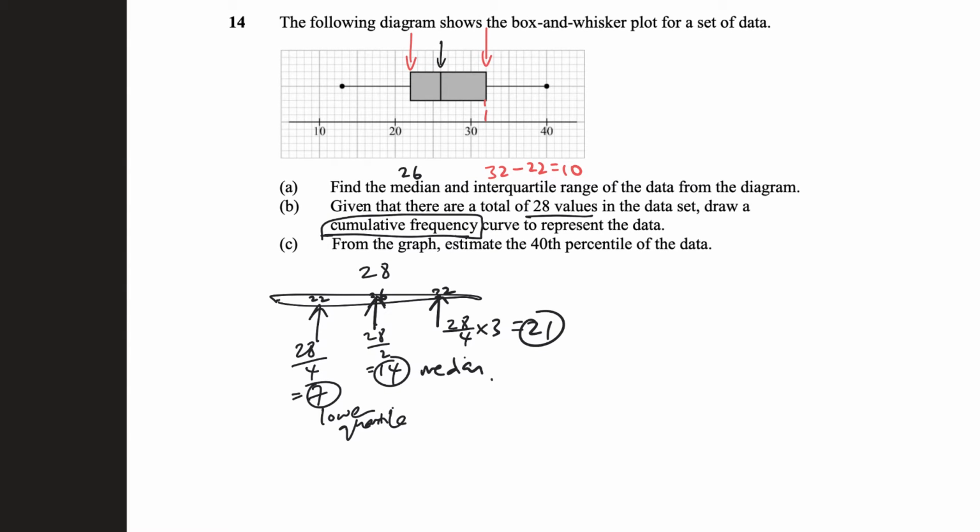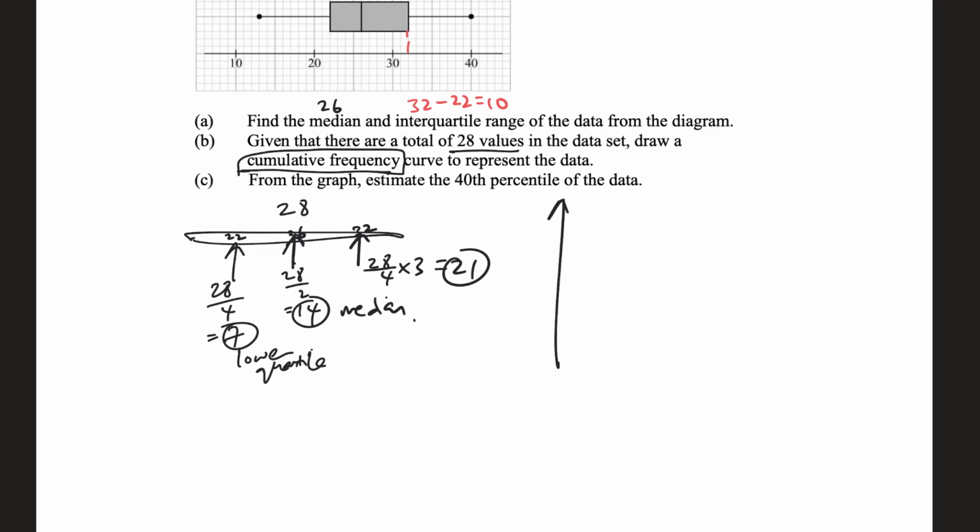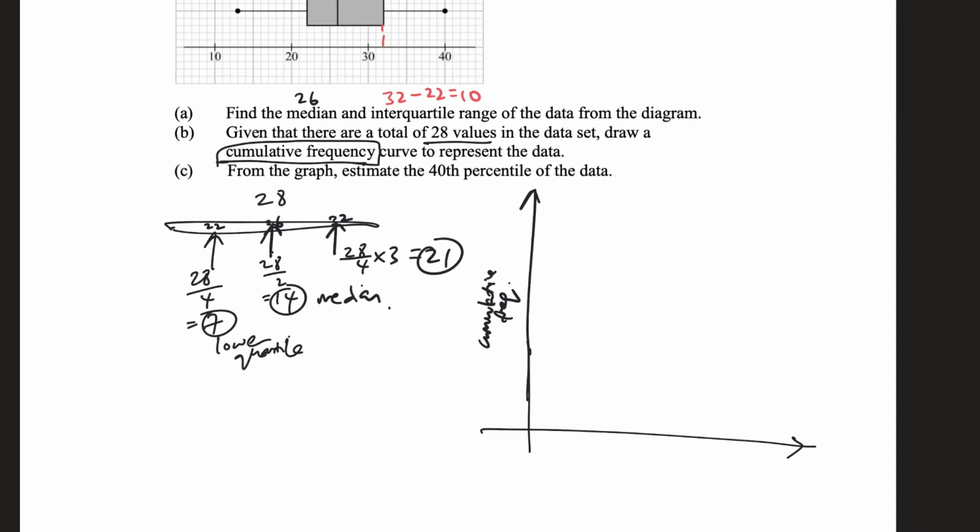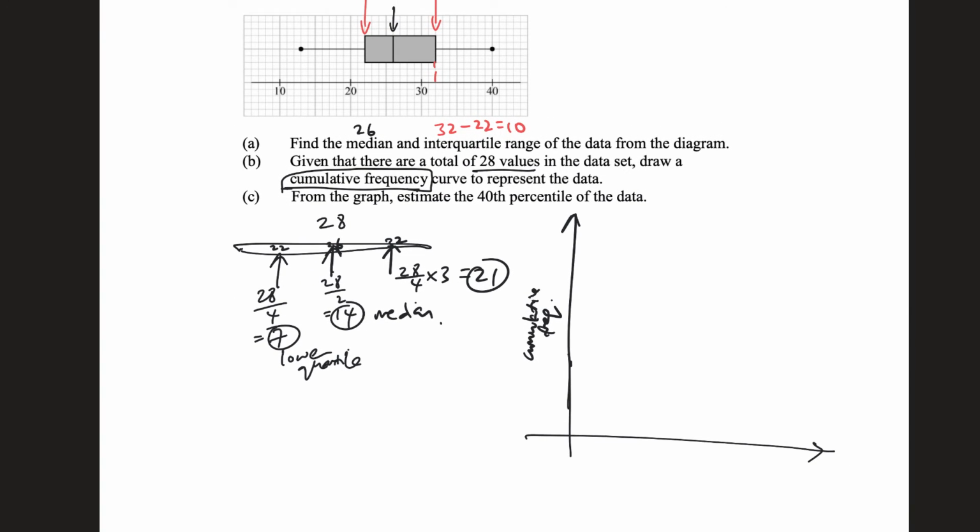So when we sketch it out, of course, if you have graph paper, you should do it properly. If you sketch out a cumulative frequency curve, where your vertical axis is cumulative frequency, it's really just a sketch. Then you can see that over here this is at the 7th. Remember, this 7 means it's the 7th value. 1, 2, 3, 4, 5, 6, 7.